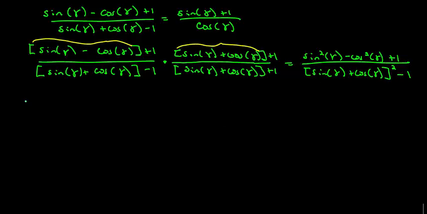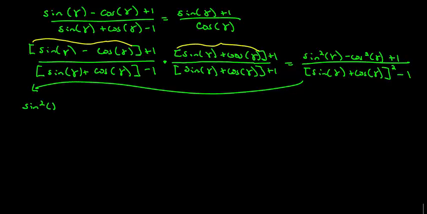Now I'm going to run out of room here, so I'm going to rewrite it down here. So this is going to be sine squared gamma minus cosine squared gamma plus 1, so that's the first and the last terms multiplied together.